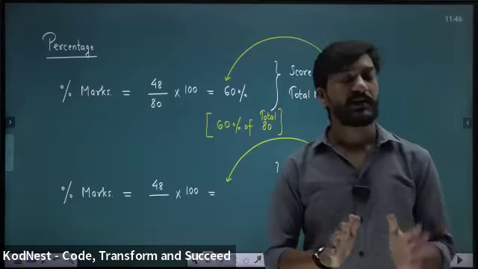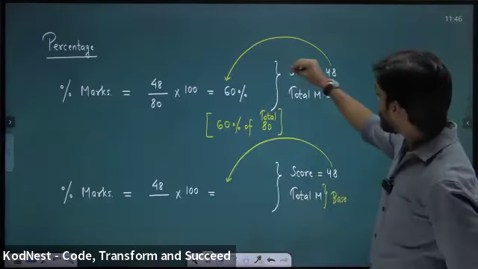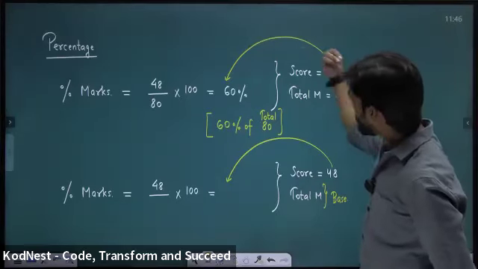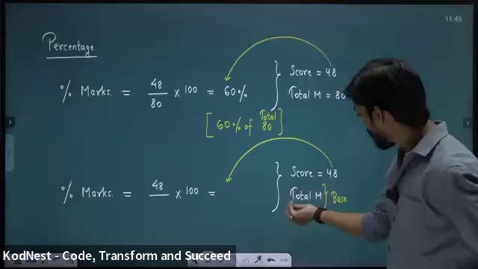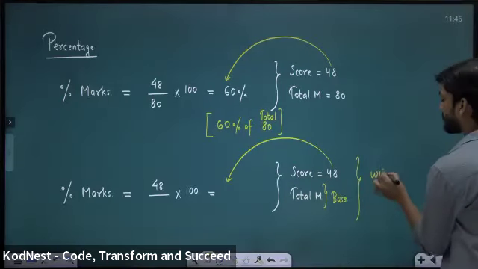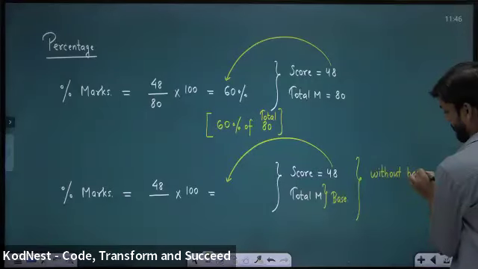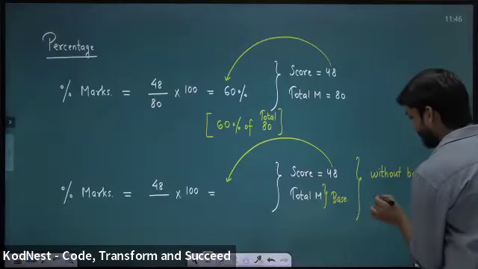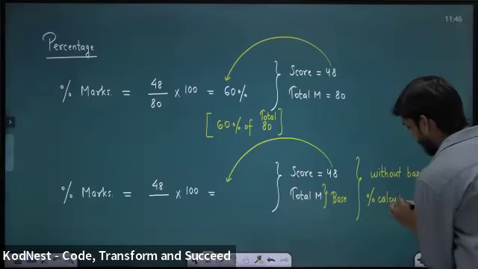That's why people call it the base value. Here we have the base value 80, so that's why we were able to calculate the percentage. But now it is not possible. So let's write this: without base, percentage calculation is not possible.